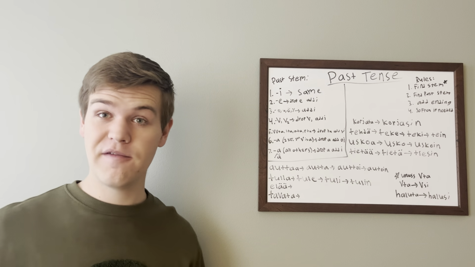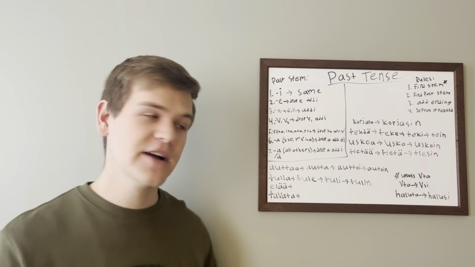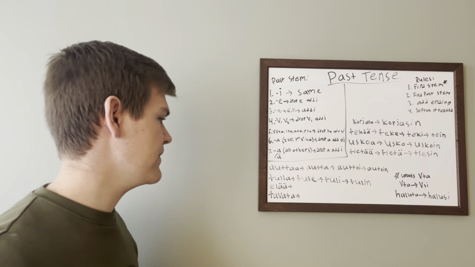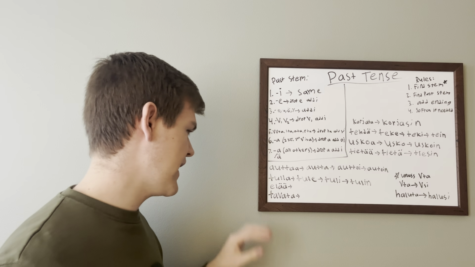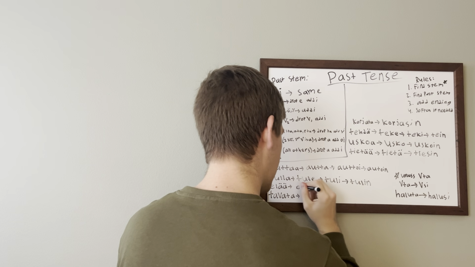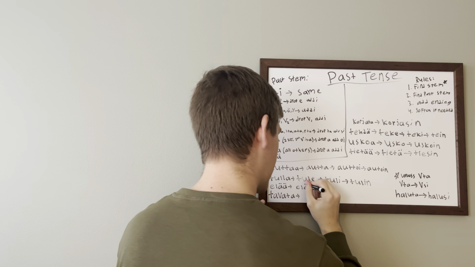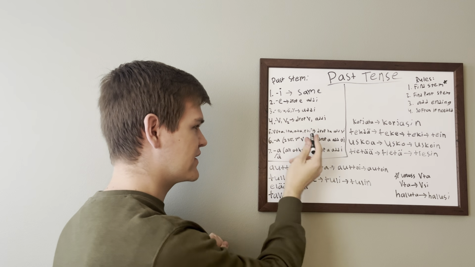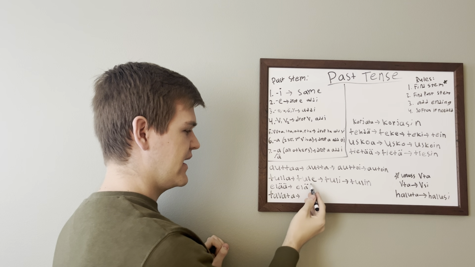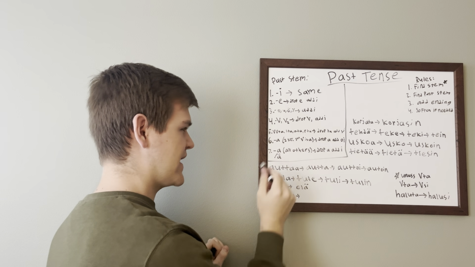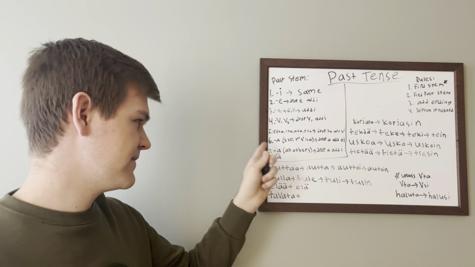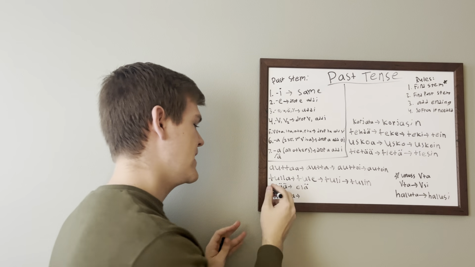Next one, elää. This one's to live, kind of like to be alive. So with this one, if I want to say I lived, then what we'll do is first find the stem. Ela. To find the past tense stem, it doesn't fit into rule 5. It's between these two. We can see that it ends in this A, so it's automatically going to be step 7, but it also doesn't have the first vowel as an A, so it's definitely step 7 for a few reasons.